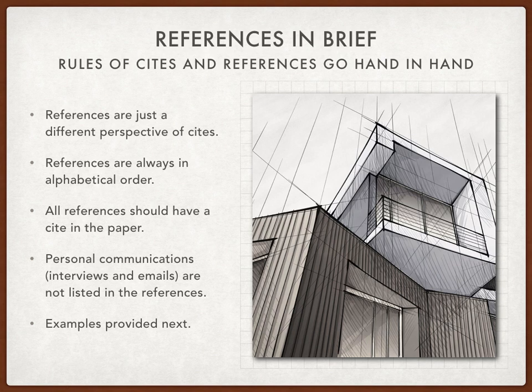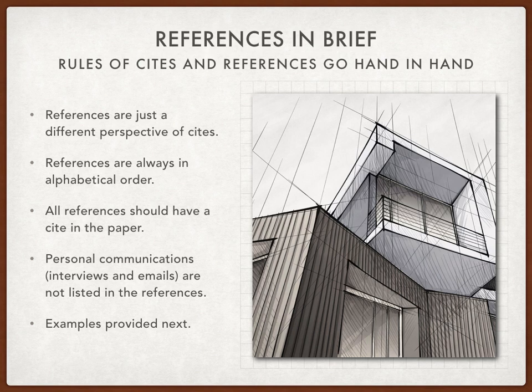If you have two authors that have the same last name, then you'll go to their initials. If you have two articles by the same author, then you go by the publication date.